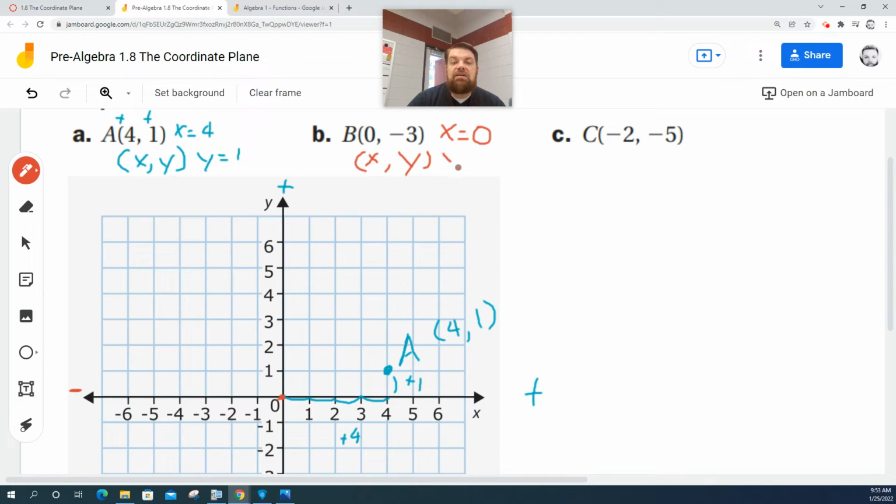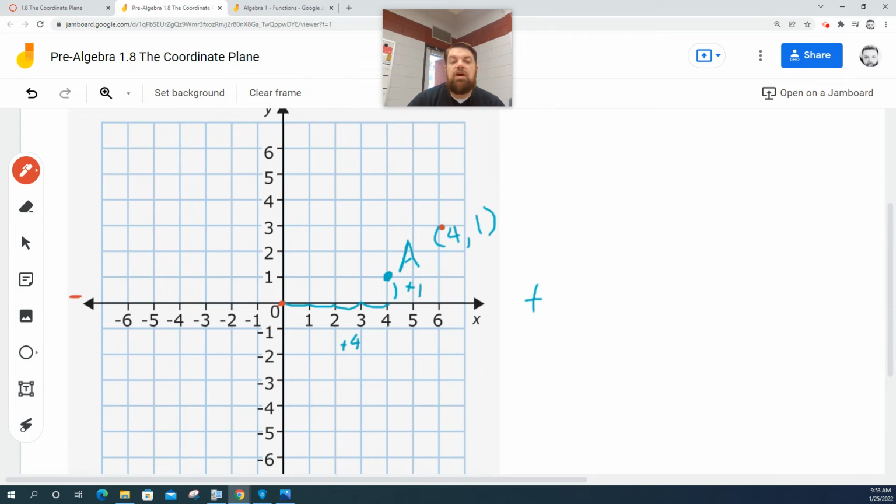Now, Y equals negative 3. So what does that mean? If my Y value is negative 3, what do I do from this point? Can somebody tell me? If I'm trying to graph the point 0, comma negative 3, I go 0 spaces in the X direction.